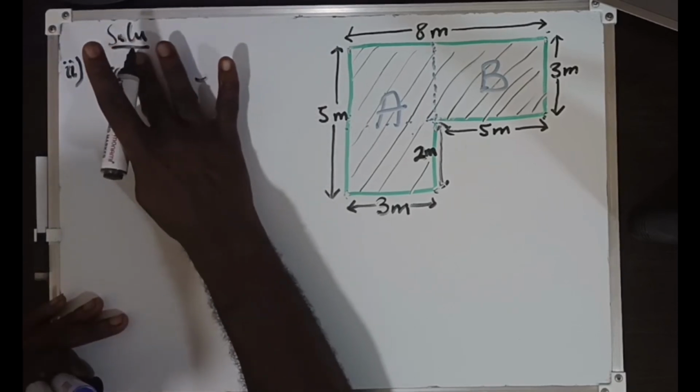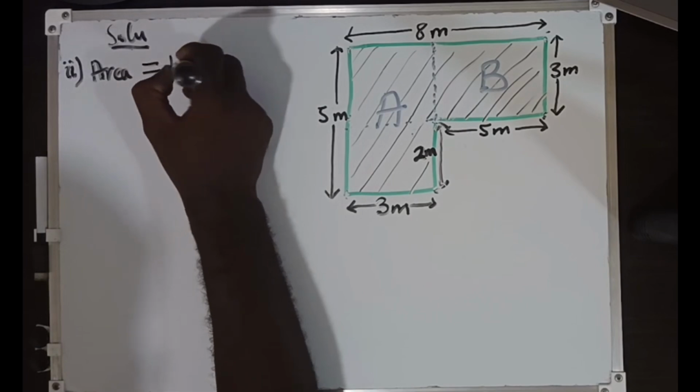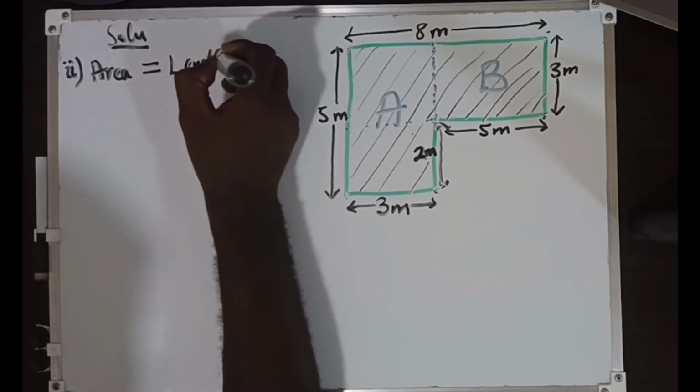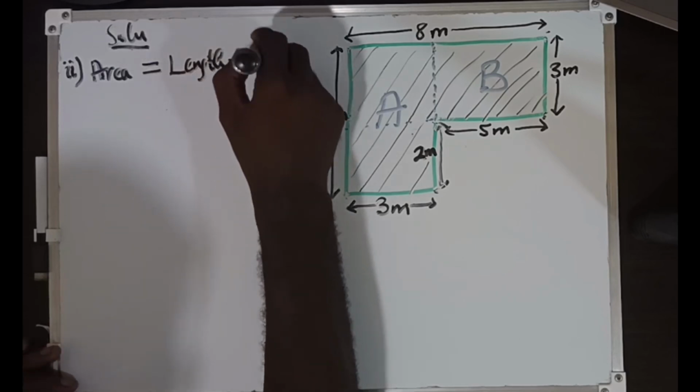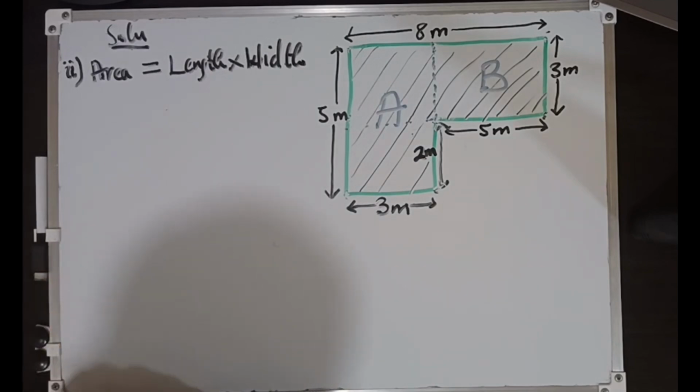Okay, so here we can say that the area for region A. Well, first, let's even state the formula for area. Area equals length times width. Okay, area equals length times width.